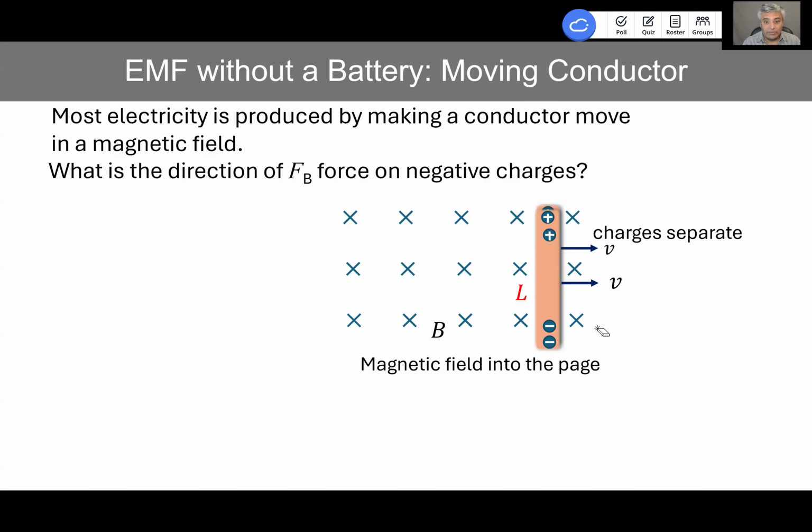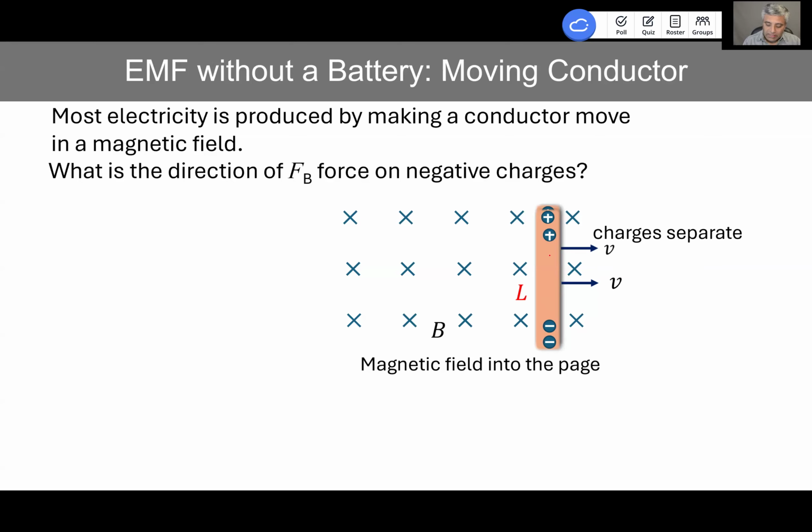A battery has a positive terminal and a negative terminal. In that case, a chemical reaction separates the charges. In this case, the force due to the magnetic field on the charge separates the charges.